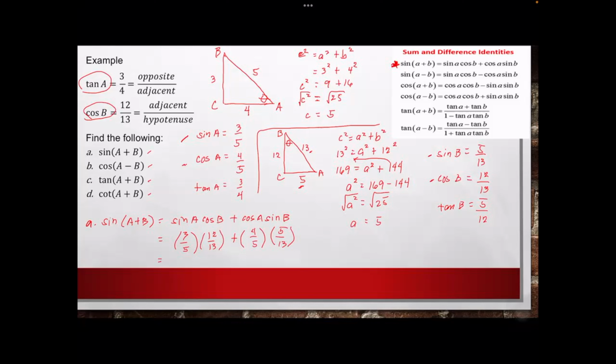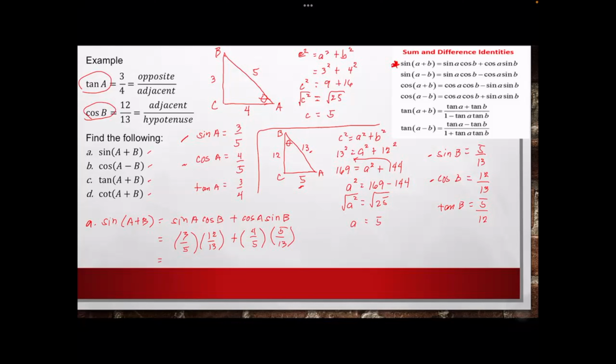Then, gamit lang tayo ng calculator. What will be the final answer? I-type po yan. 3 over 5 times 12 over 13 plus 4 over 5 times 5 over 13. 56 over 65 po.